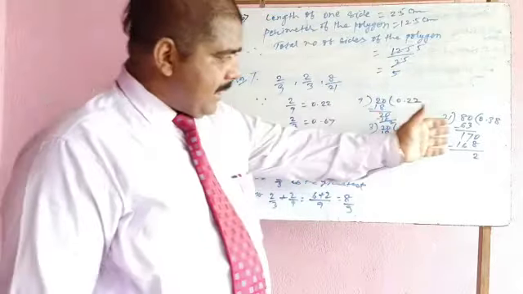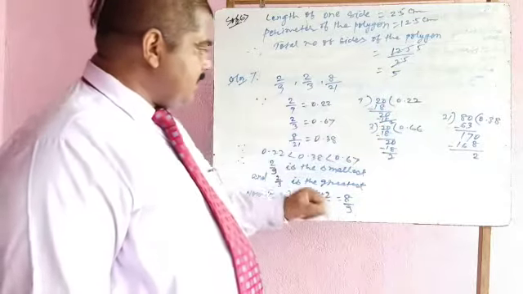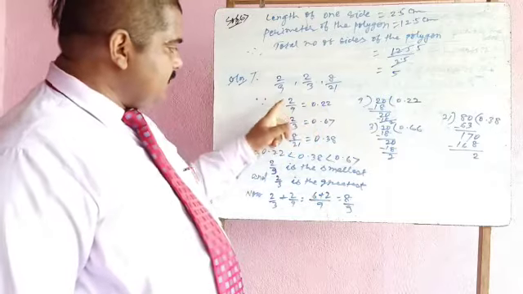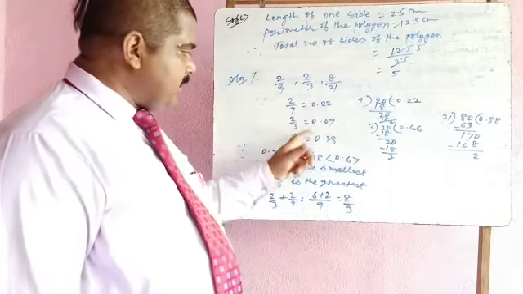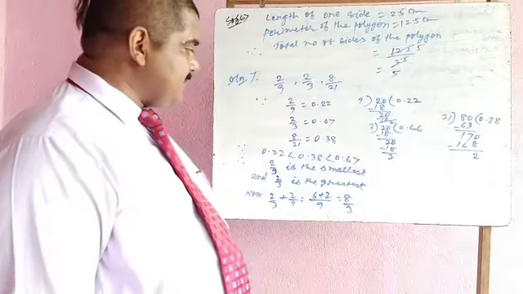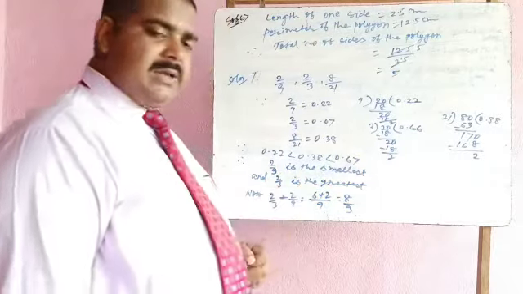I have divided in rough, and on division you get 2/9 is equal to 0.22, 2/3 is equal to 0.67, 8/21 is equal to 0.38.